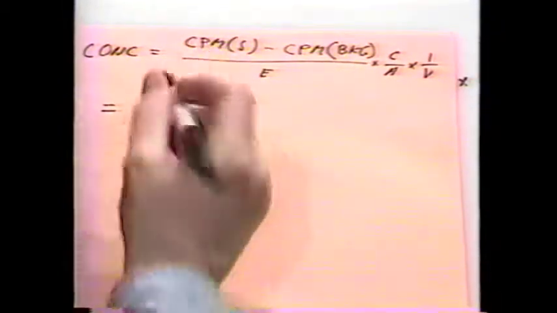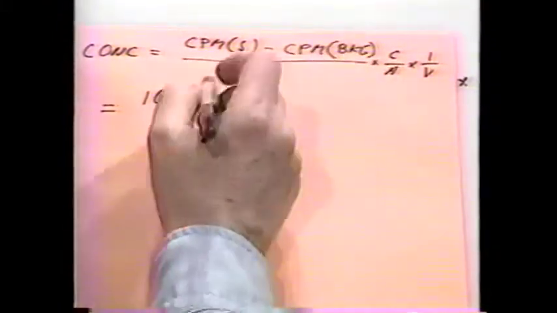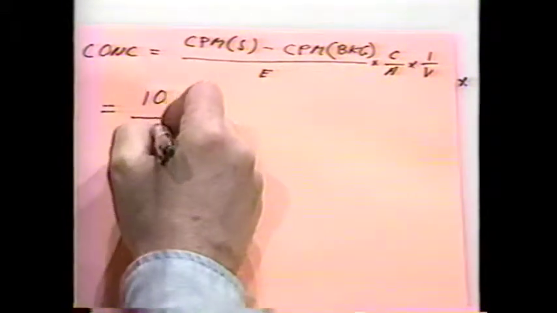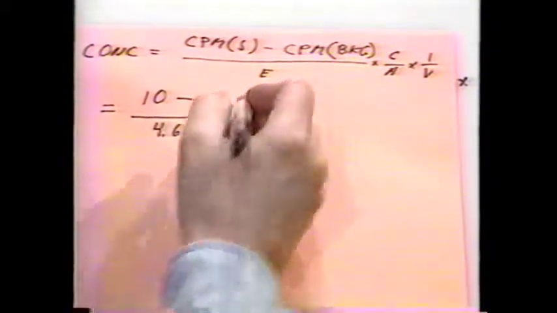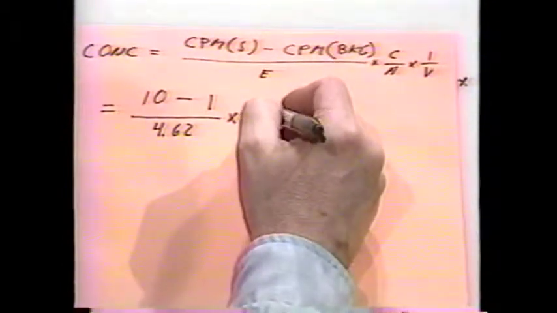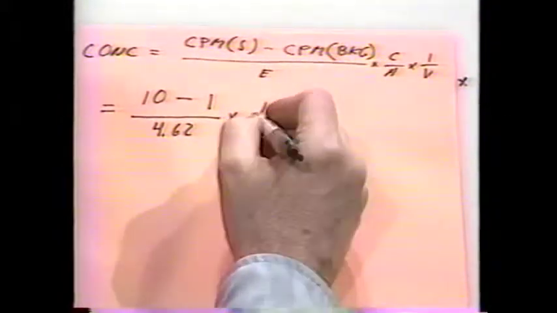The counts per minute of the sample was 10. The counts per minute of the background was 1. The efficiency of the system is 4.62. The correction factor C was 1.00757.